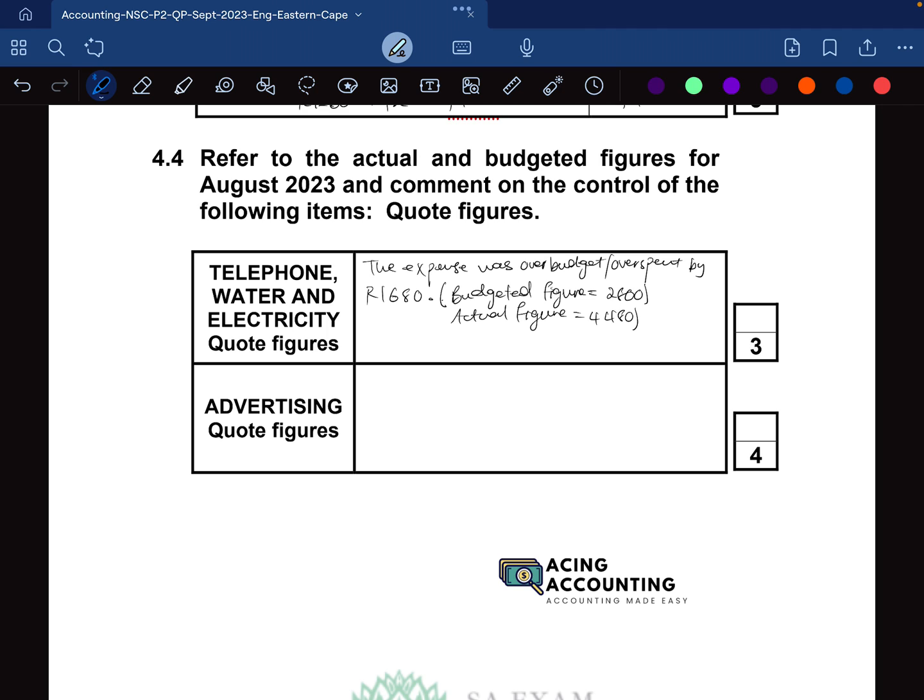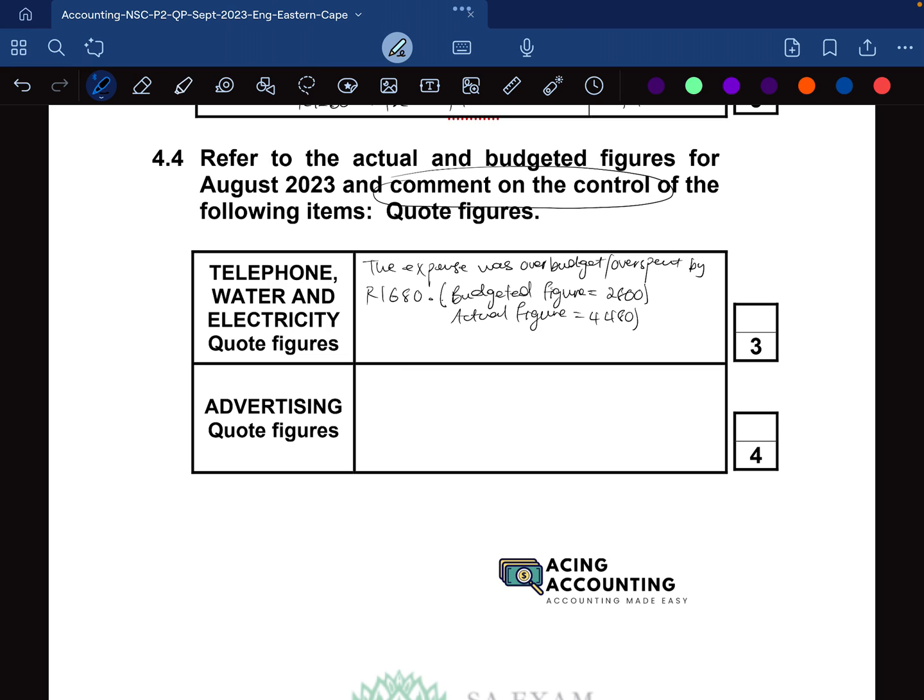Then remember that they said comment on the control. So we can see that the expense is poorly controlled, maintained. It's telephone, water, and electricity. They could be wasting water. The employees could be using the telephone to make their personal calls. That's why we might have the expense being at a higher amount.